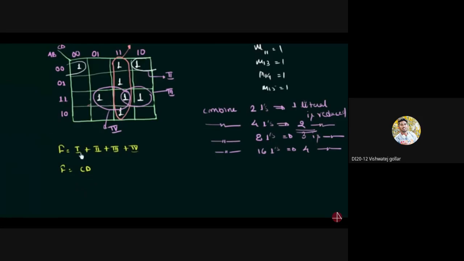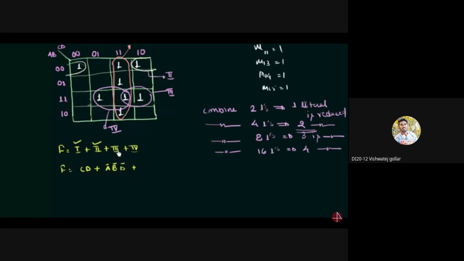Okay. Now we will see the second prime implicant, this one and this one. In this, A, B is the same, so A bar, B bar, and out of C and D, you can see that C is changing from 0 to 1, whereas D is the same, 0, 0. So it should be D bar. So we are done with 1, 2.